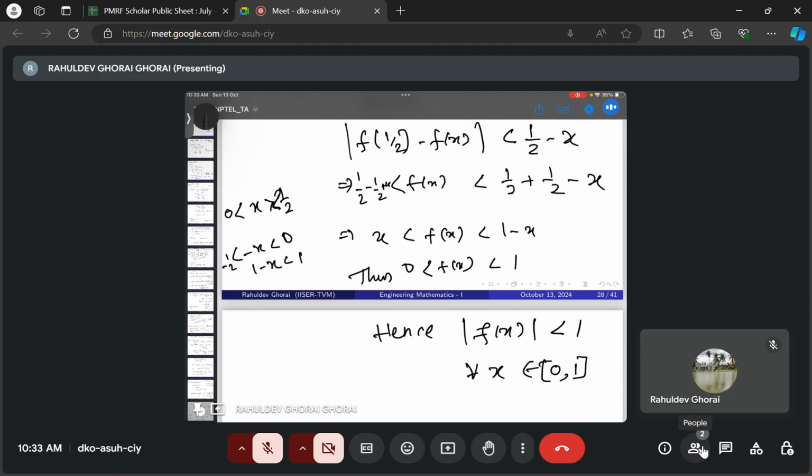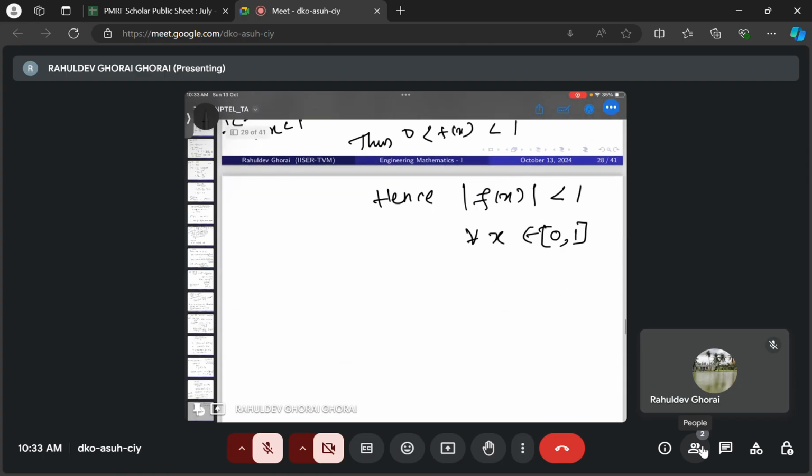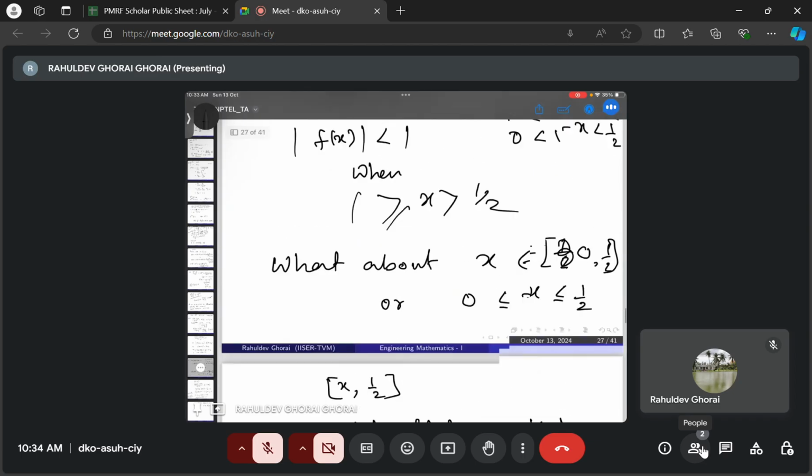So at any point in the domain, the modulus of the function f will be strictly less than 1 for all x. Okay, so that's what we need. That's what the question is asking.